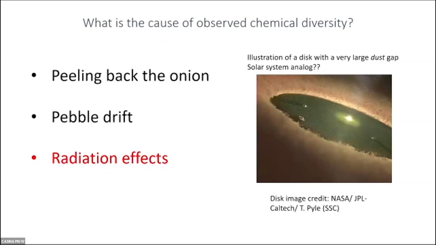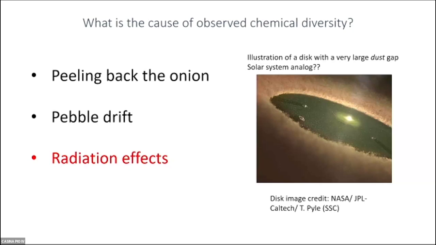And I don't know if this is controversial to the solar system folks in the audience, but it's possible that this is a solar system analog, even though it's kind of an oddball amongst protoplanetary disks, because Jupiter does form earlier than the terrestrial planets, so perhaps it actually carved a large gap in our solar system.